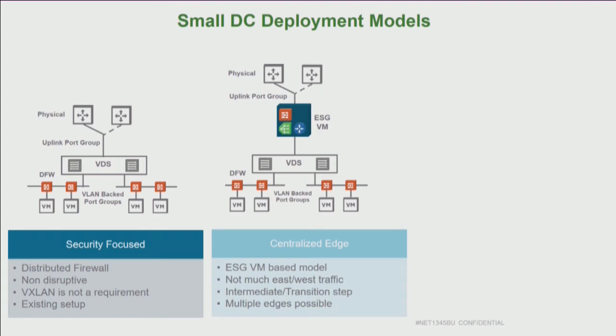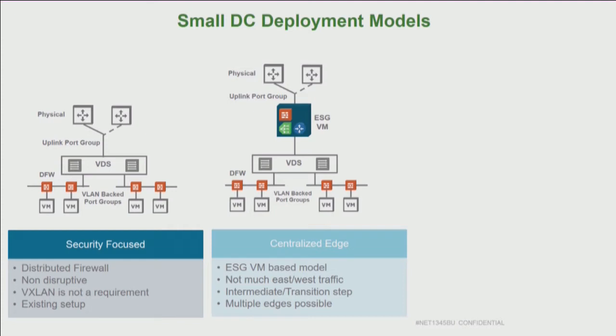Then we have something called the centralized edge deployment model. This deployment model is actually powered through our ESG virtual machine. So you have one NSX Manager and one ESG VM, like any regular VM that you drop into your vSphere infrastructure, and you can now enable a lot of use cases.